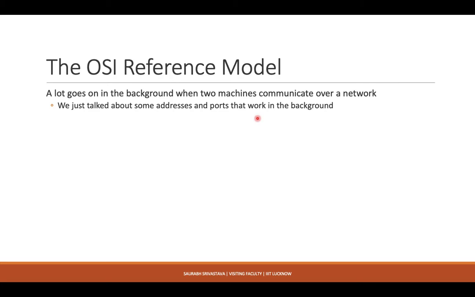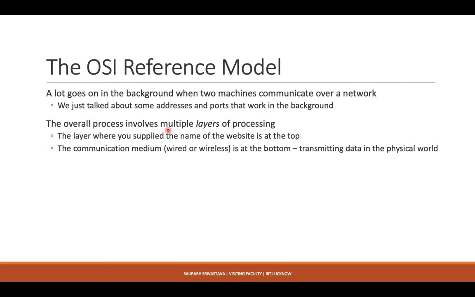So what exactly is this so-called OSI reference model that I'm talking about? A lot goes on in the background when two machines communicate over a network. We just talked about some addresses and ports, and all these things work in the background. But there's far more than this. The overall process of communication actually involves multiple layers of processing, right?